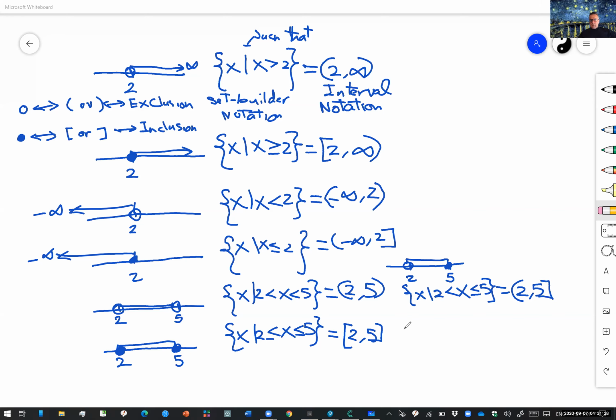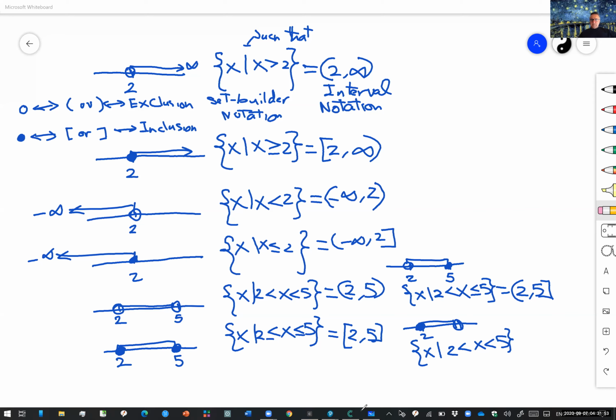The last one we can have, this is the last possibility. What if we don't want to include the 5, but we do want to include the 2, like that, right? So set builder notation will be all x such that, so let me just put this and you tell me which one of them has to change into less than or equal to.